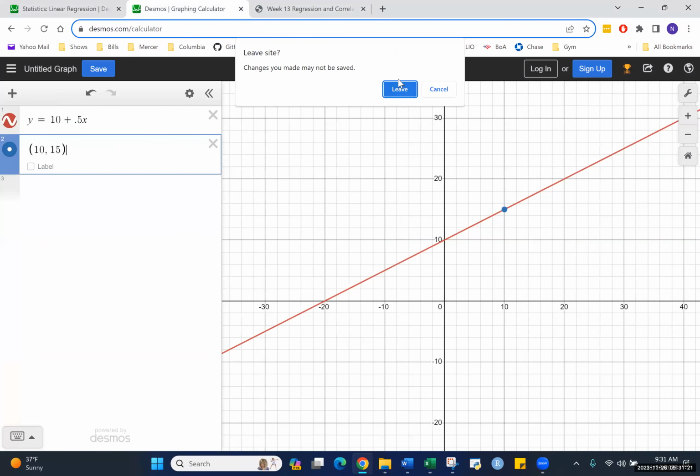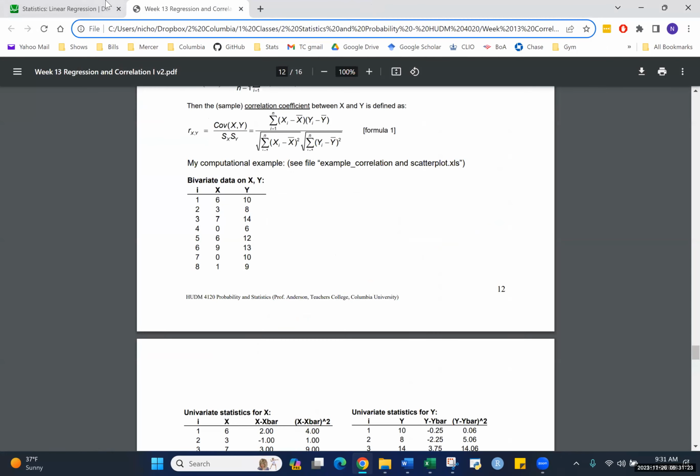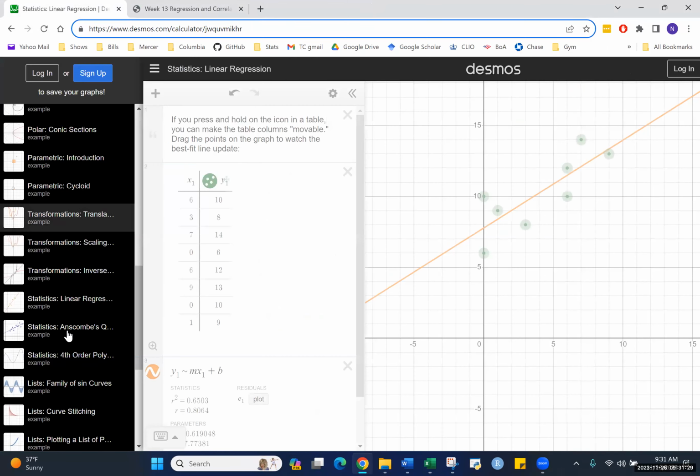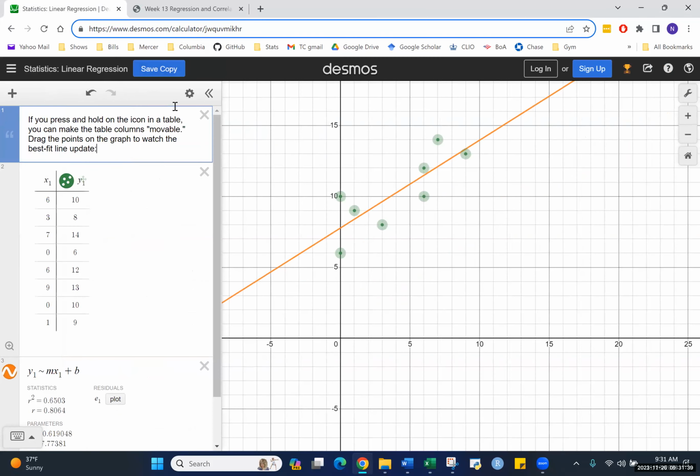I basically just put in the data there for all my X's and Y's. And then in Desmos, so Desmos is an online graphing calculator. You can see the URL there. You basically click on statistics, linear regression, and it sets it up for you to learn. I find Desmos's interface really good and easy to learn from.